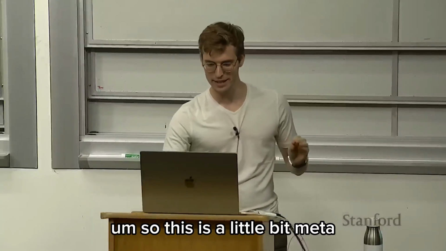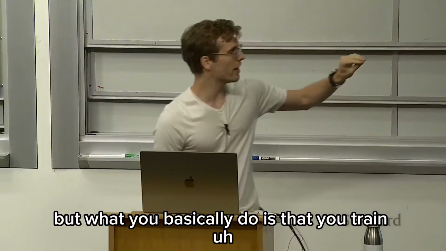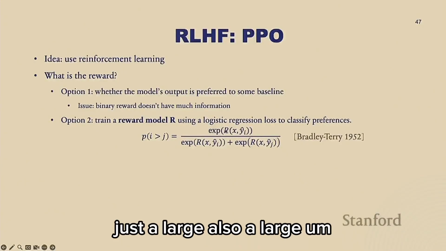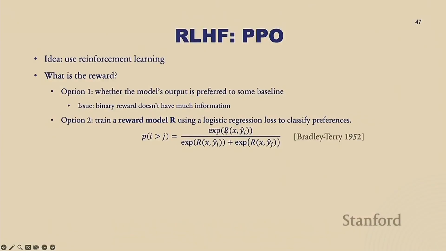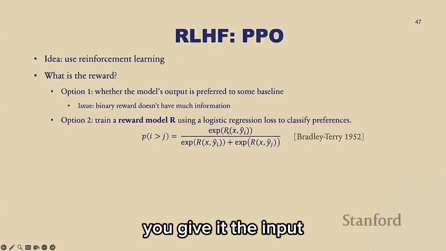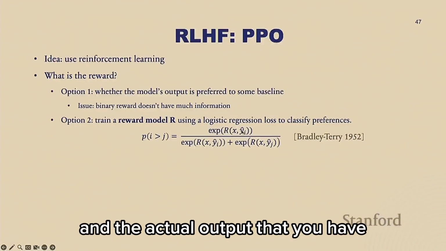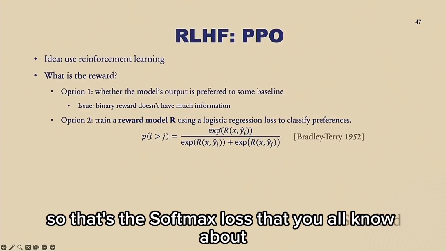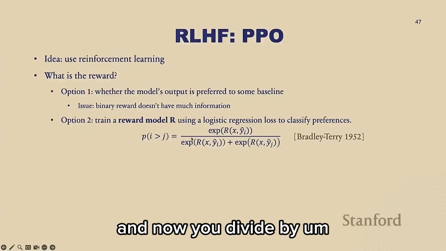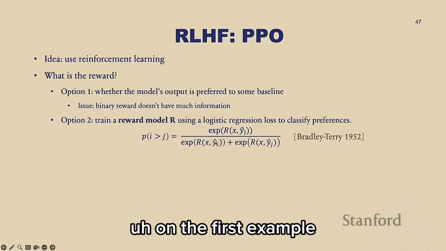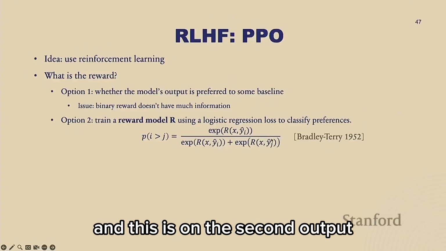This is a little bit meta, but what you basically do is you take a reward model R, which is just a large classifier, and you give it the input and the actual output that you have, one of the two outputs, and you just exponentiate that, so that's the softmax loss that you all know about, and now you divide by the exponentiated reward on the first output plus the exponentiated reward on the second output.